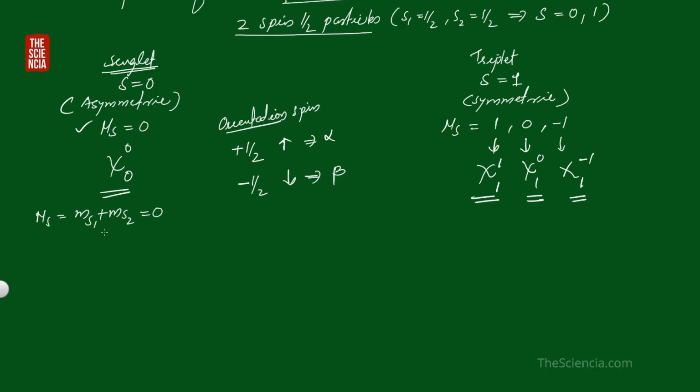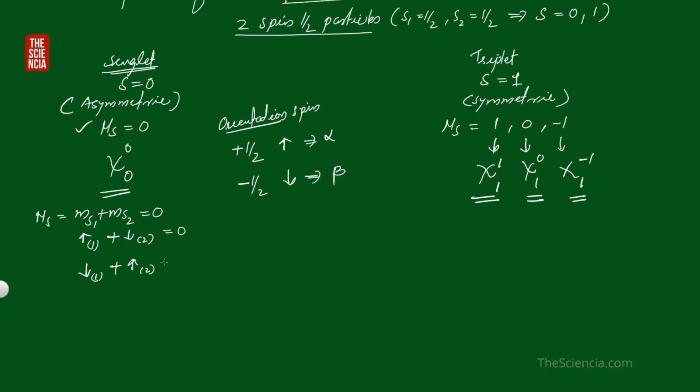And how will we get this value? MS, that is MS1 plus MS2, equal to 0. Here, what is this MS1 value? MS1 can have plus half or minus half. So if MS1 is plus half, that is up spin. Okay. And MS2 is minus half. Then adding plus half and minus half, we will get 0. Or the first particle may be in spin down state and the second particle is in the spin up state.